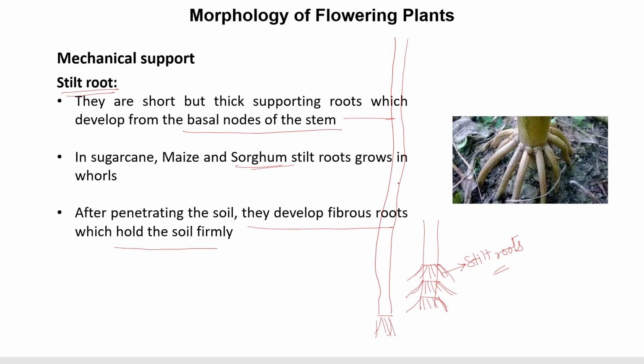And it is so long that it may fall. So for the support, the basal nodal region gives rise to some roots in this form, and they reach the soil and provide support to the plant to be erect and do the process of photosynthesis, because if they fall down, the leaves will not get proper sunlight and the photosynthesis rate will be affected.